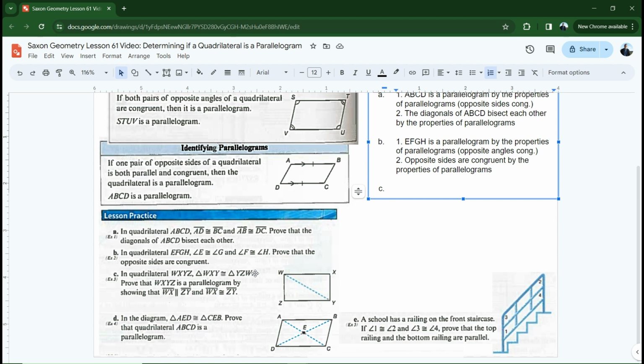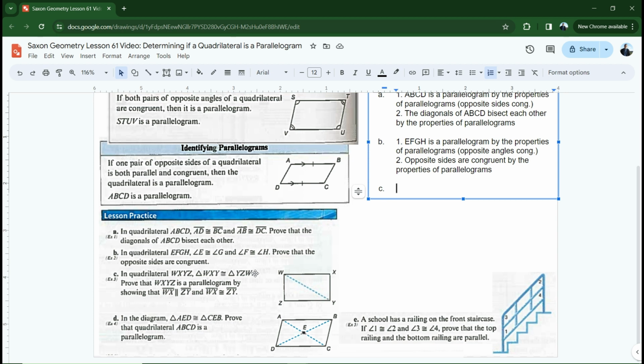I need to prove that this is a parallelogram by showing that WX is parallel to ZY and WX is congruent to ZY. Okay, so one of the things that I would do to prove that these are congruent, I'm going to use CPCTC here a couple of times.